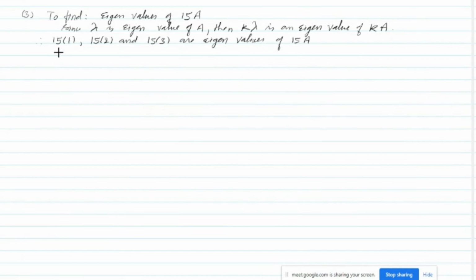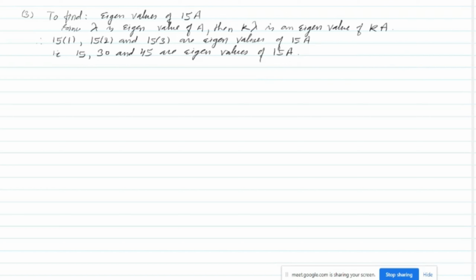That is, 15, 30 and 45 are the eigenvalues of the matrix 15A. Okay, getting?